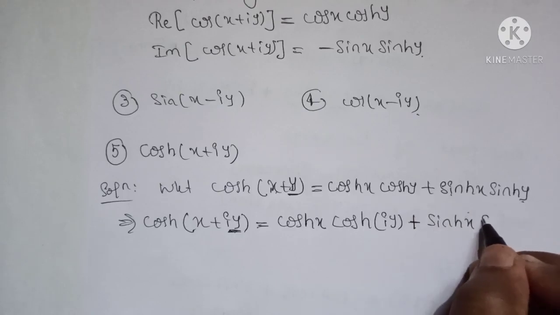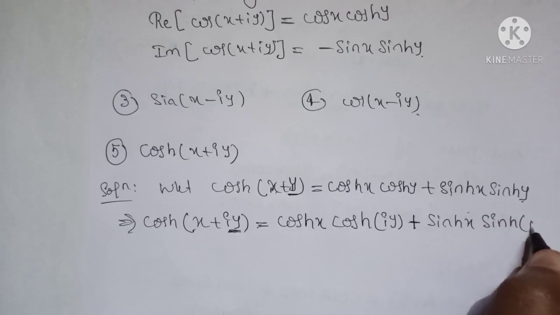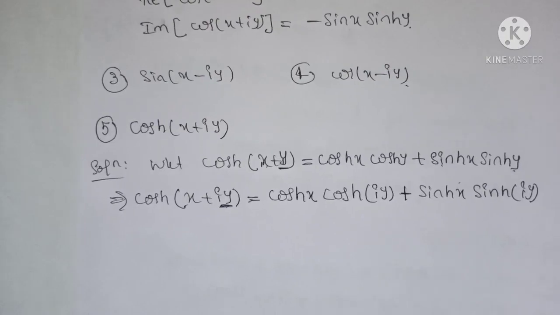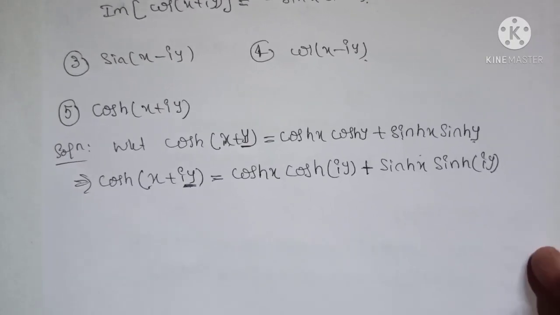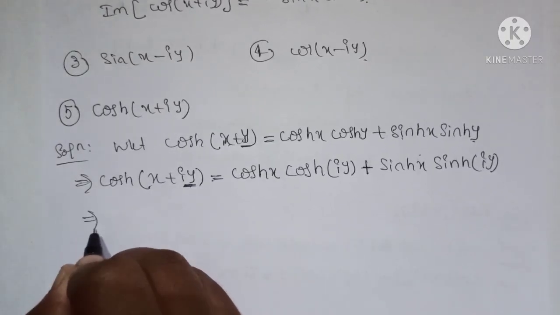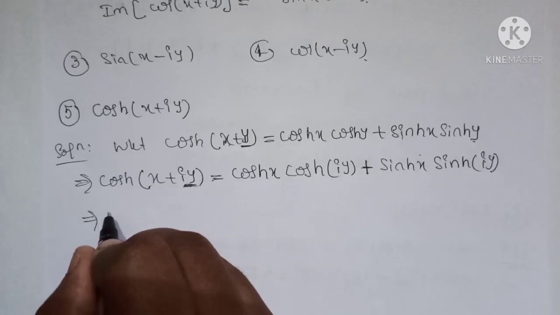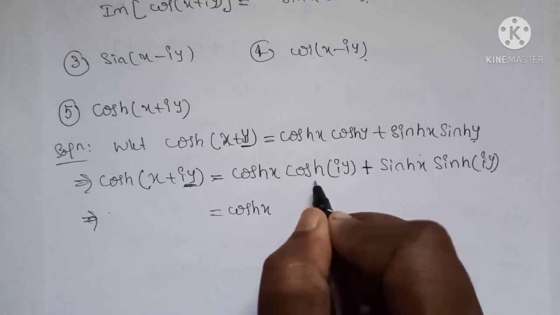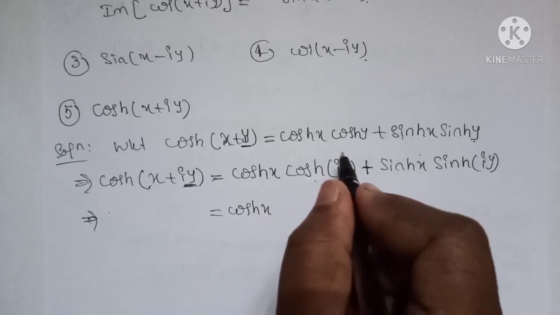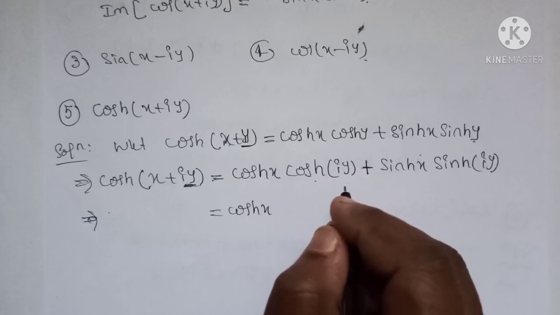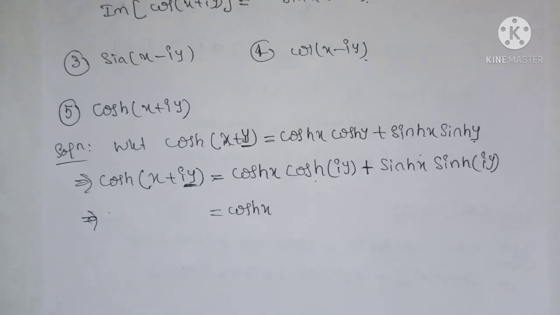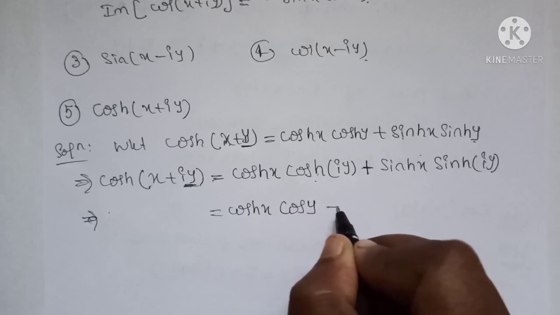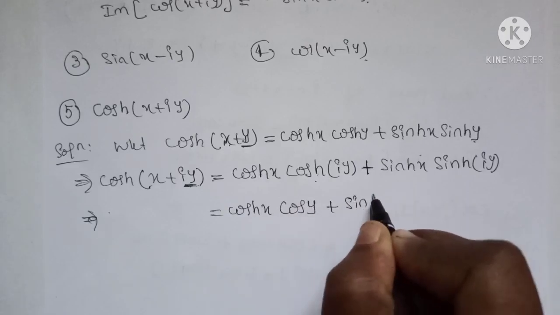So here it is equals to sin h iy. Now we use the same relation between hyperbolic and trigonometric functions. We get, this can be written as cos hx into, on applying the relation between hyperbolic and trigonometric functions, cos y plus sin hx as it is.